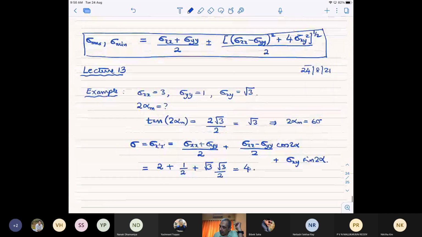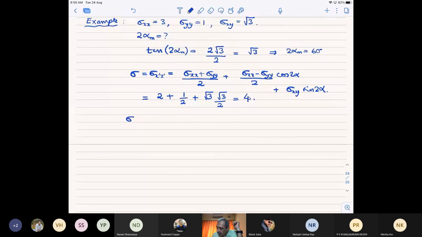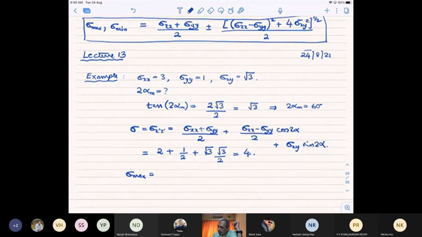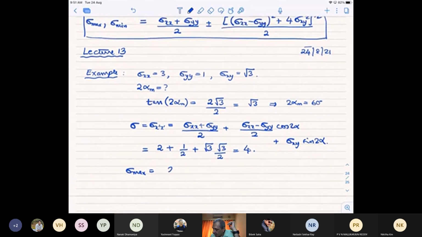And if you now go to this formula, so we'll have sigma max is just equal to this value, which we have already got, is 2. And now we're looking at the maximum. So we take plus, and here sigma xx minus sigma yy whole squared, that is 4, plus 4 times sigma xy whole squared is 3 into 4, that is 12.